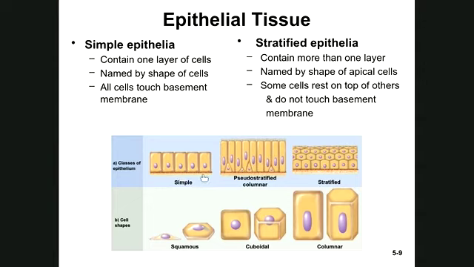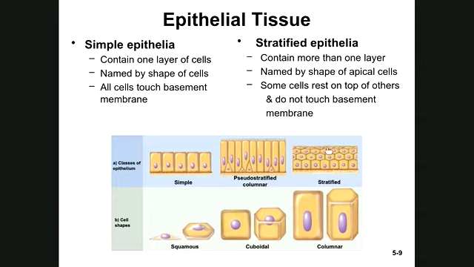The other type of epithelium is called stratified epithelium. In the stratified epithelium, as you see here, we have more than one layer. It doesn't matter if we have two or if we have 40 layers. We call them stratified when we have more than one layer of cells, and they are named by the shape of the apical cells on the surface.